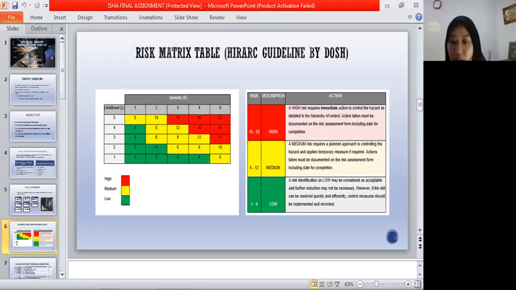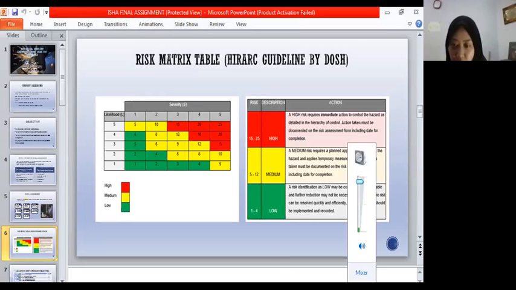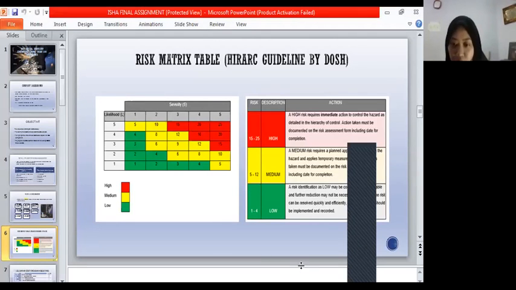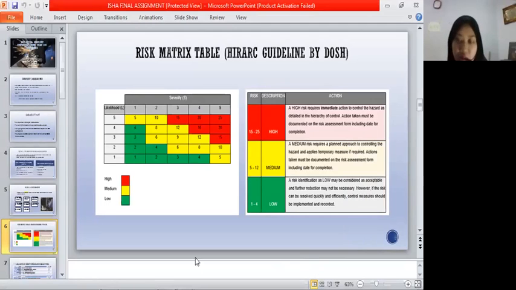Action taken must also be documented on the risk assessment form, including that for completion. For low risk, a risk identified as low may be considered acceptable and further reduction may not be necessary. However, if the risk can be resolved quickly and efficiently, control measures should be implemented and recorded.